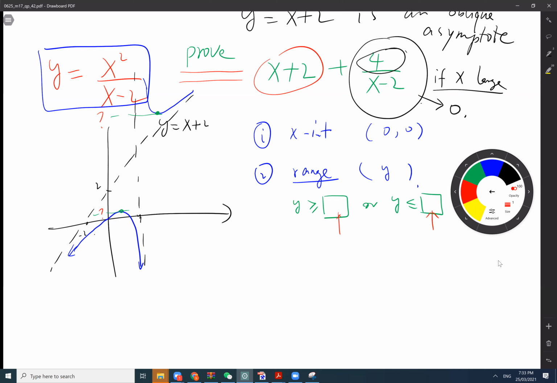How do we find this condition? That's like a maximum minimum. For maximum minimum, we have several ways.